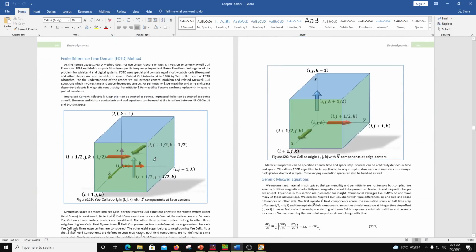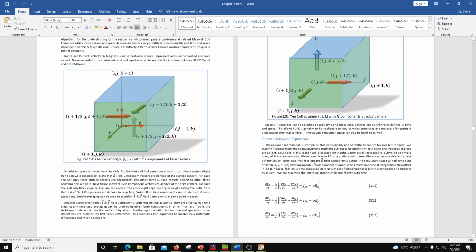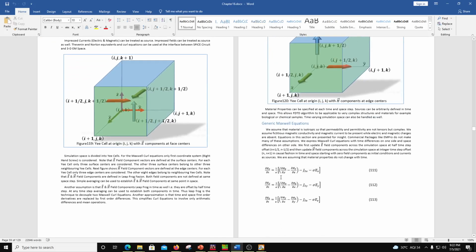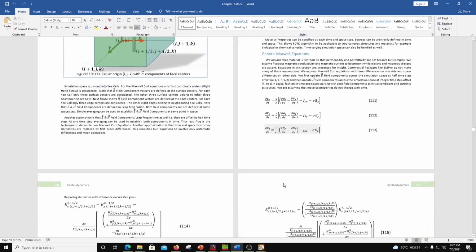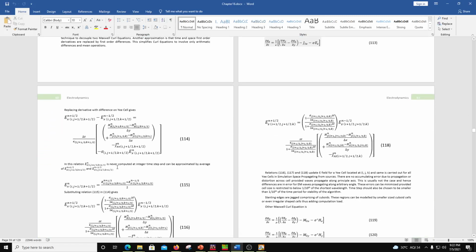In FDTD, this is the basic cuboidal element. The space steps are half space steps and time steps are half time steps, and Maxwell's equations are discretized in space and then also in time.